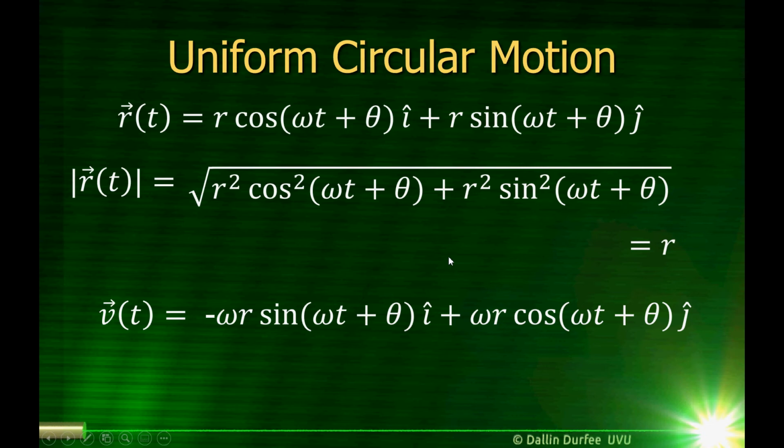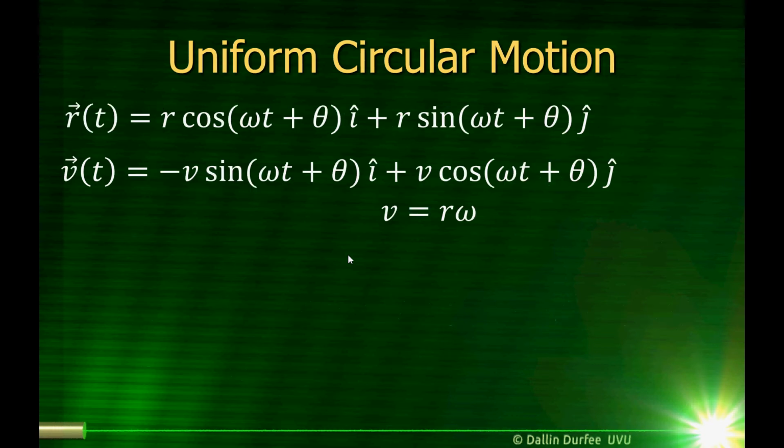So that is the velocity. The magnitude of the velocity, if we plug this in and use the Pythagorean theorem, is equal to omega r. But remember, omega r is just the velocity of the edge of the circle. So we found that the velocity has a magnitude v, which is r times omega.